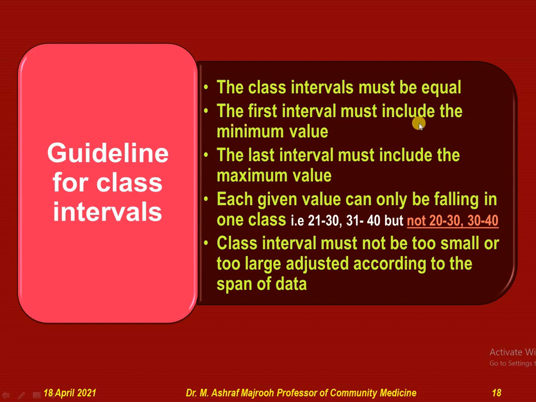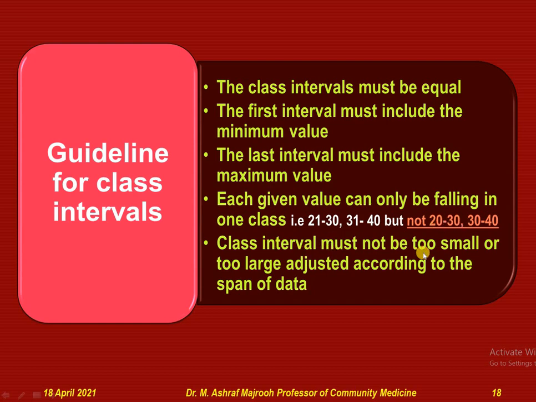Then the first interval must include the minimum value and the last interval must include the maximum value. Similarly, each given value can only fall in one class, like 21 to 30, 31 to 40. But 20 to 30 and 30 to 40 is not correct. So this is the correct way and this is the wrong way of generation of classes.